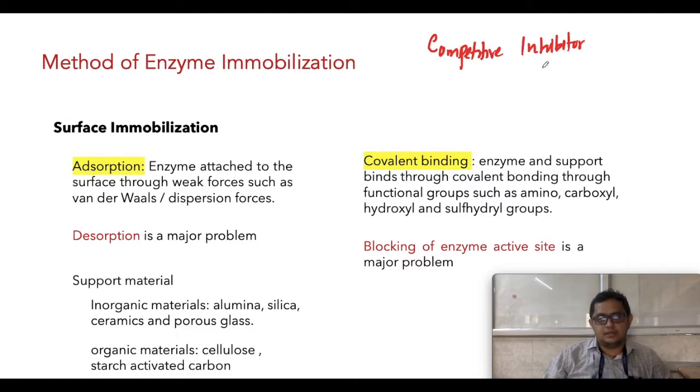It is not like other inhibitors, so we can always remove this. How does it help in avoiding this problem? For example, you have an enzyme with an SH group on both sides, and before you go for immobilization, first you add a competitive inhibitor.